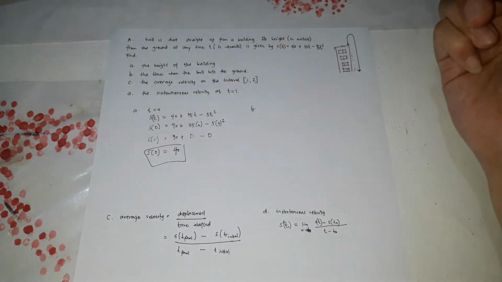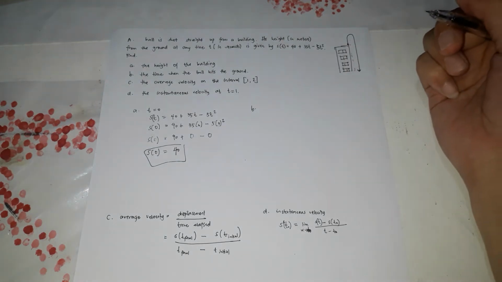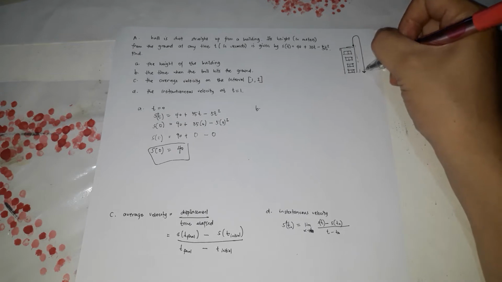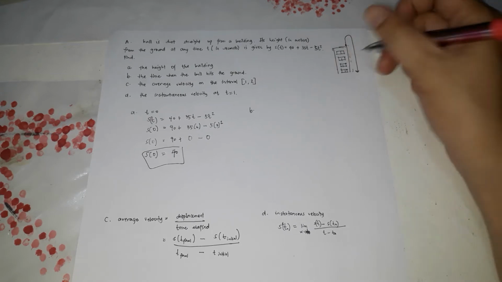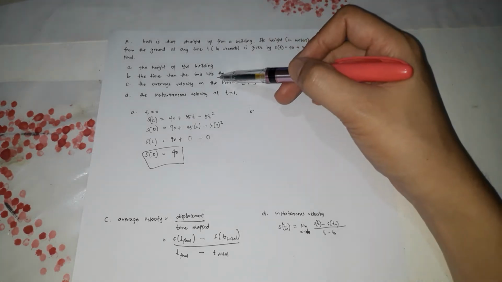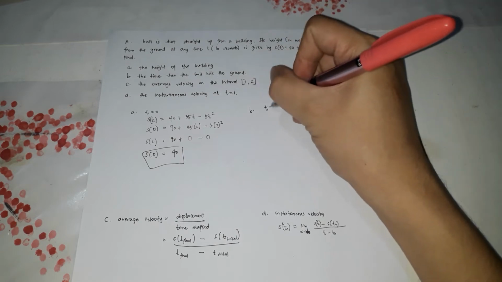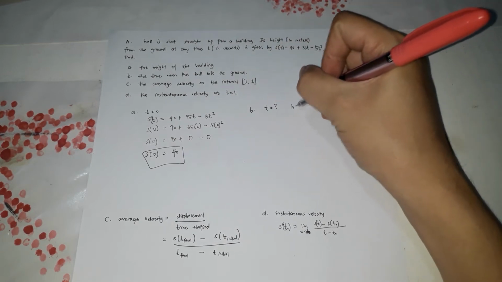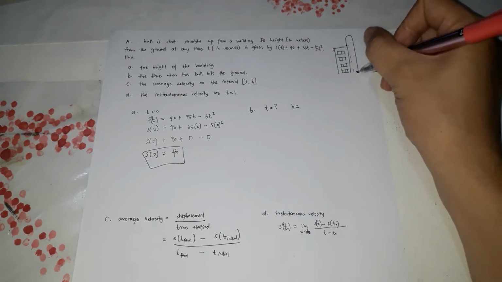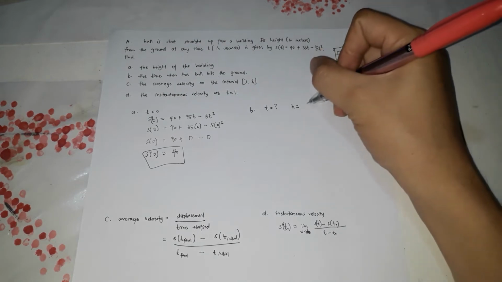Letter B. Let's find the time when the ball hits the ground. So when the ball hits the ground, sa palagay mo, what is the given? Is it the time, or is it the height? We are looking for the time. So letter B, we're looking for the time when the height is equal to, gaano kataas ang bola from the ground? It's 0.